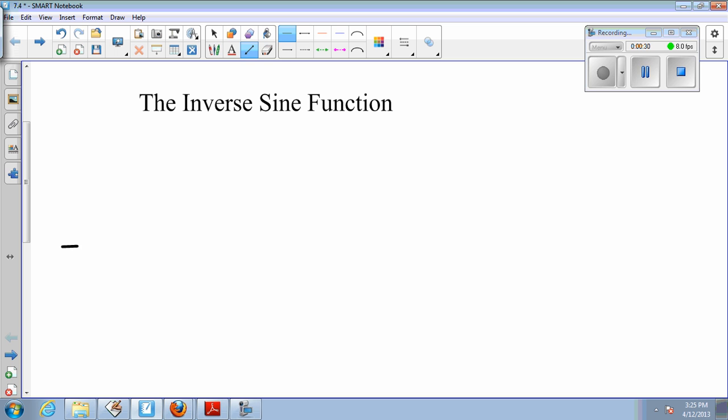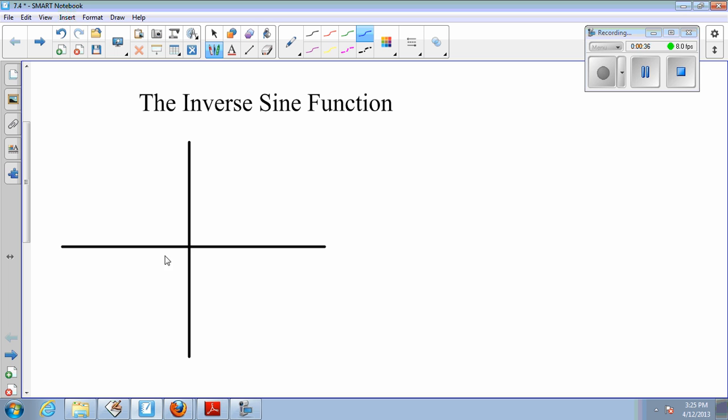So on the coordinate plane, we have our sine function with a max height of 1, minimum at -1.